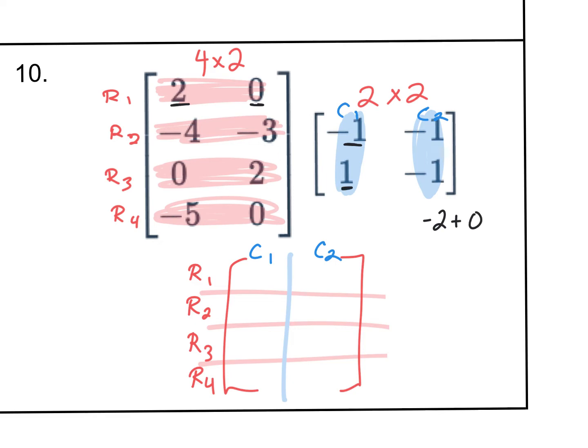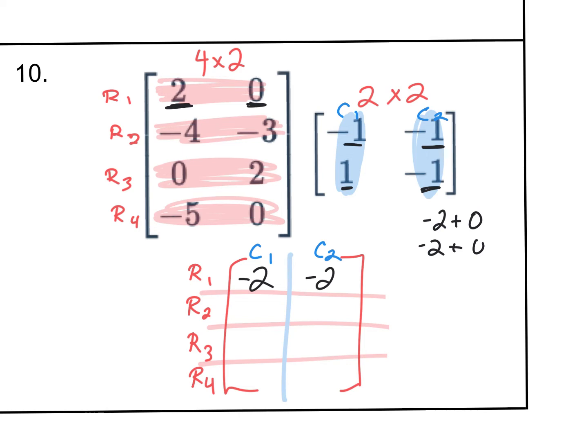What is negative 2 plus 0? Perfect. That goes right there. Okay, going across. So I'm going to stay up there in row 1, but now I'm going to column 2. So first term is 2 times first term is negative 1, which is negative 2 plus 0 times negative 1. 0. So again, we get negative 2.